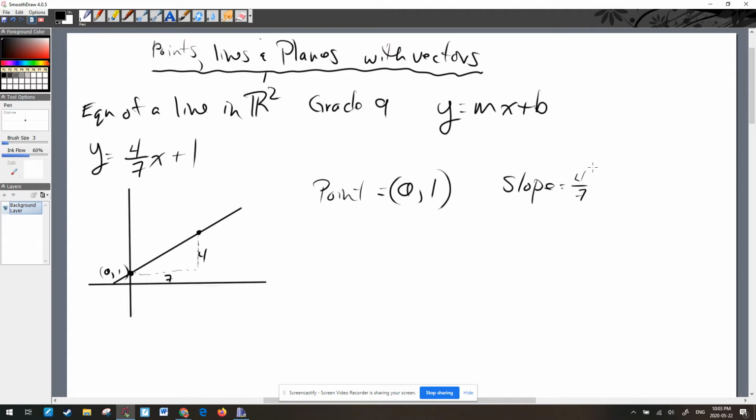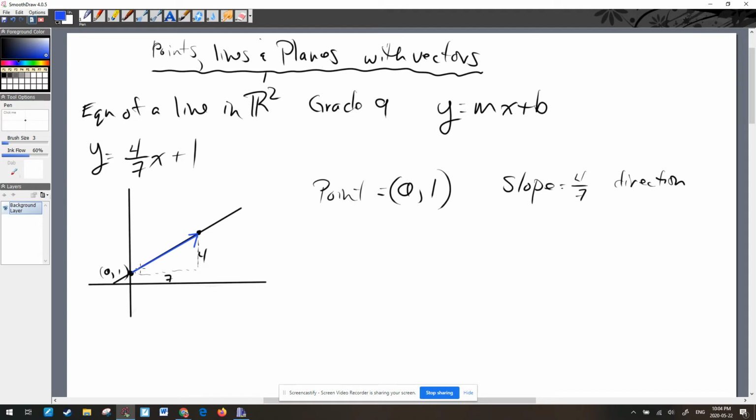So that's the slope. But slope is really telling us the direction. So let's consider how we could use that to our advantage. Imagine that we wanted to make this a vector. I've got a vector that goes along here.